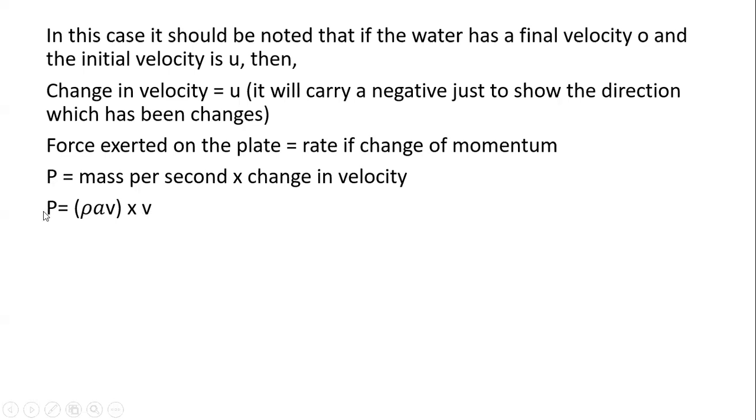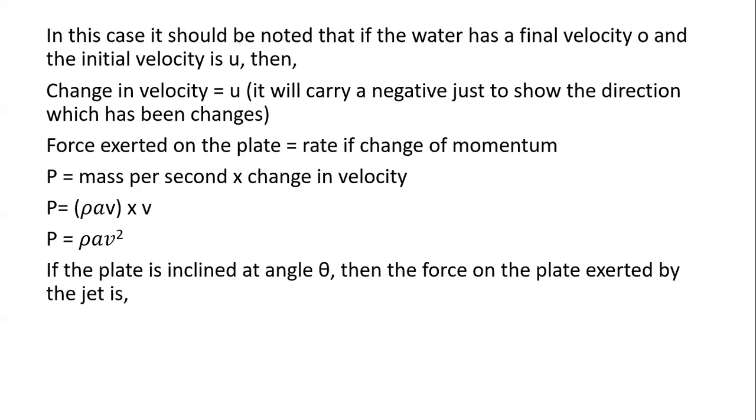We are denoting the force by letter P. So P is equal to density times area times velocity, and then we introduce that change in velocity also. Now, these are basically the same as V times V, so you have V squared.